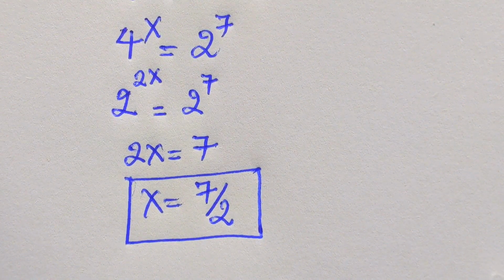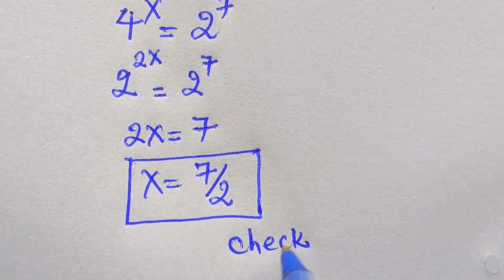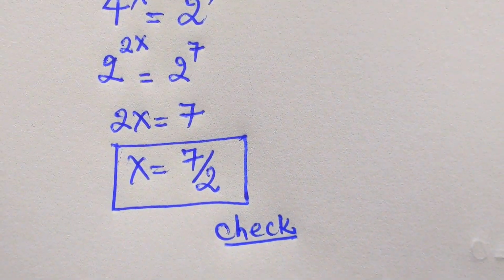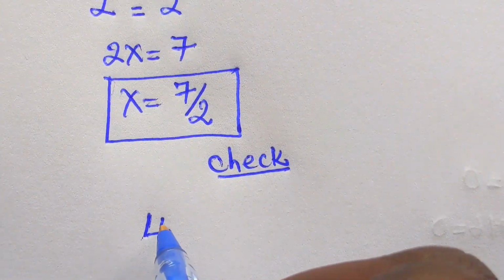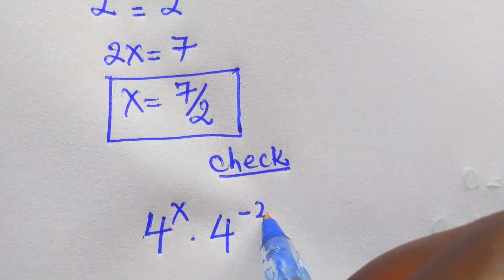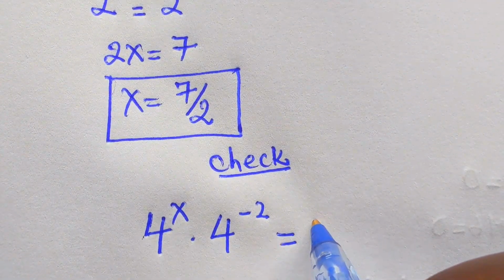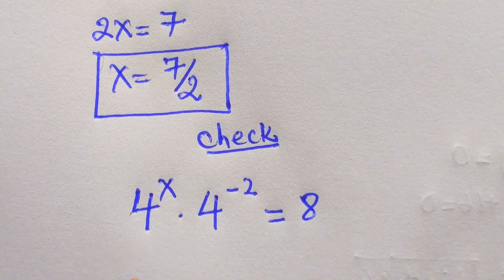Right. Now we can check if our answer is correct. Here we have been given 4^x times 4^(-2) equals 8.